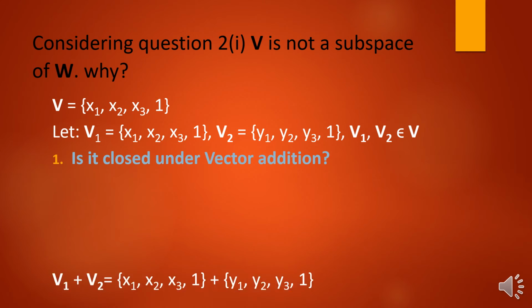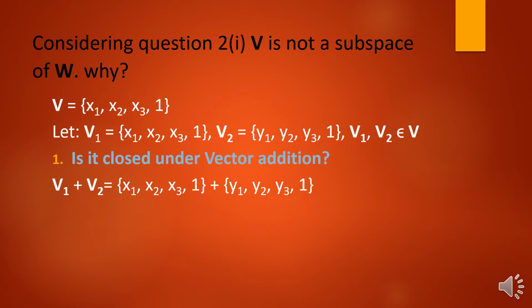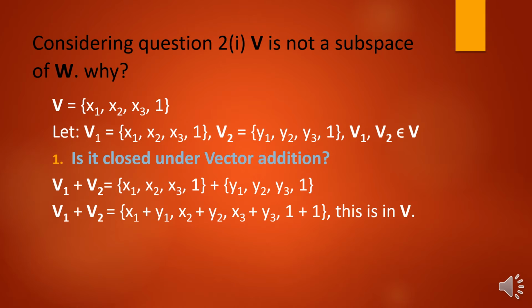So we shall get V1 and add it to V2. What do we get when we add the 2? You are going to realize we have x1 plus y1, x2 plus y2, x3 plus y3, then 1 plus 1.